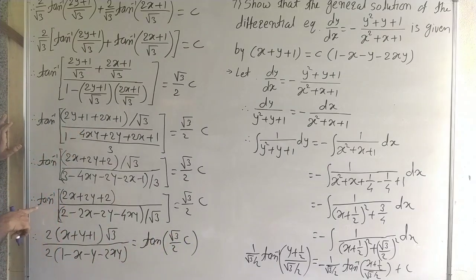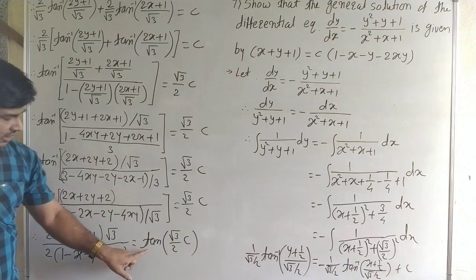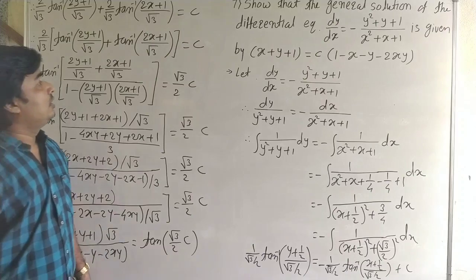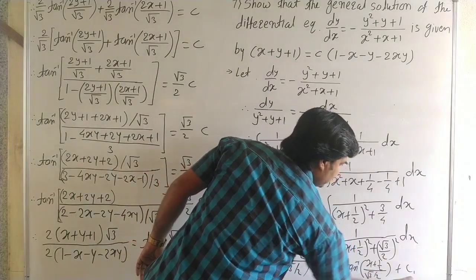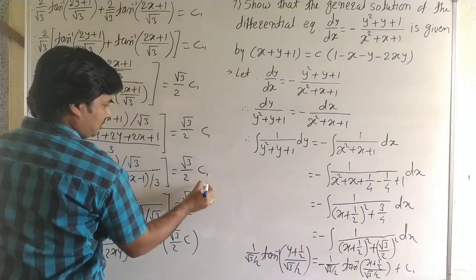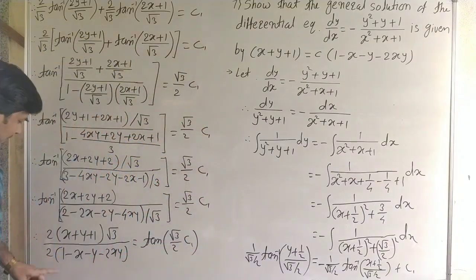See carefully this tan inverse you can hear it. Again it is tan of under root 3 upon 2 into c. Again it is a constant, so we take this constant as c1.